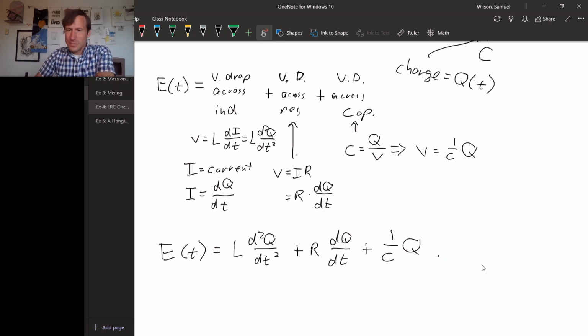So this kind of circuit turns out to produce a second order differential equation, and this differential equation actually turns out to be linear.